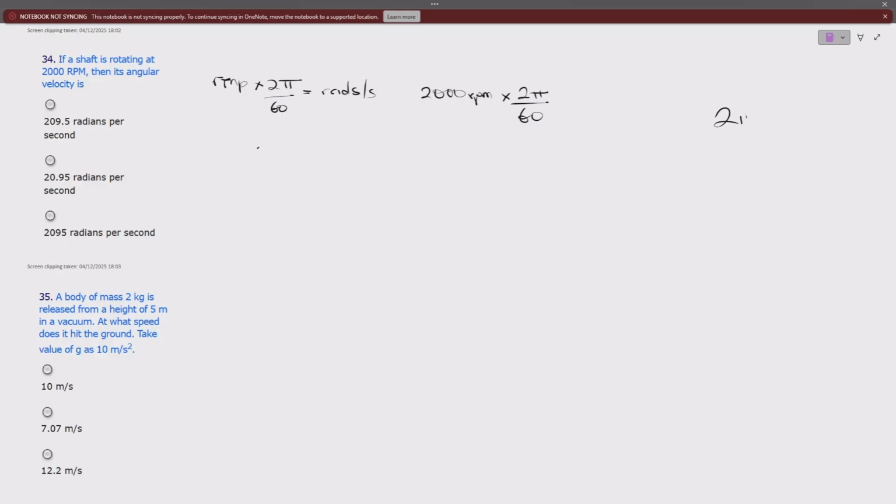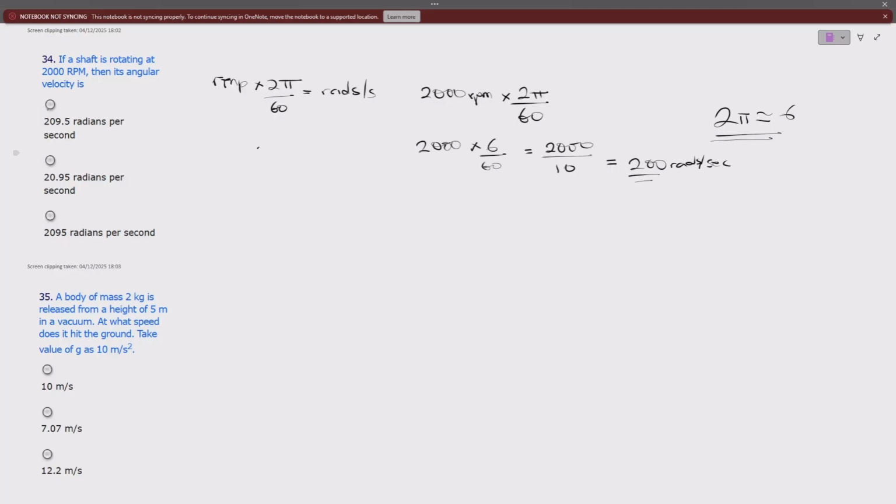And we know 2 pi is approximately 6. So we are going to get 2000 times 6 divided by 60. 6 divided by 60 is 1 over 10. So 2000 divided by 10 will give you 200 rads per second.